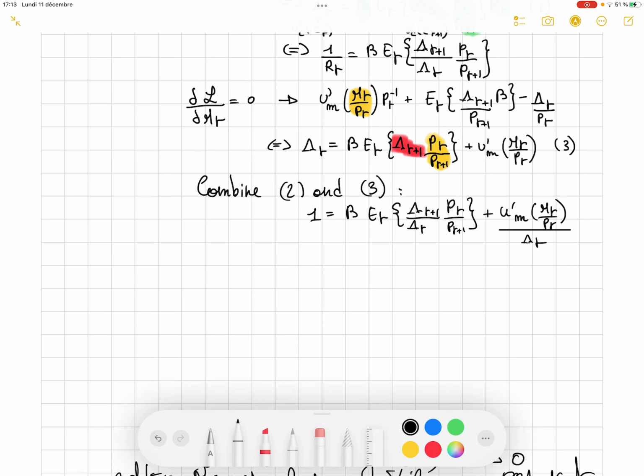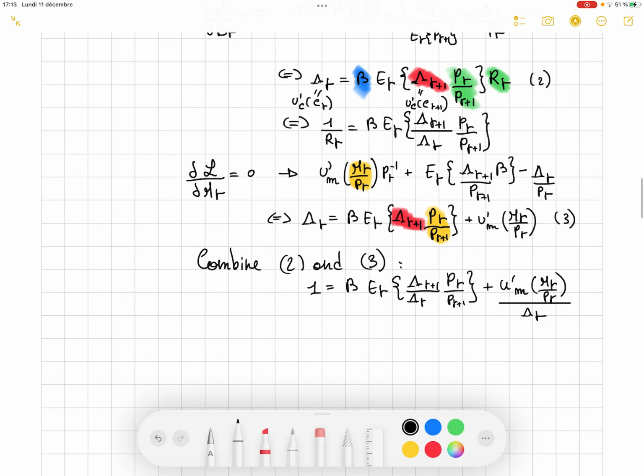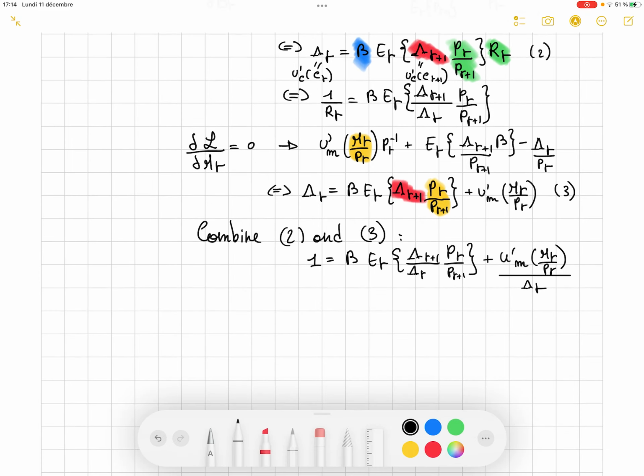So we just divide everything by the marginal utility of consumption at the current period here, and you get a similar equation as what we got from the second equation when we went a step forward.